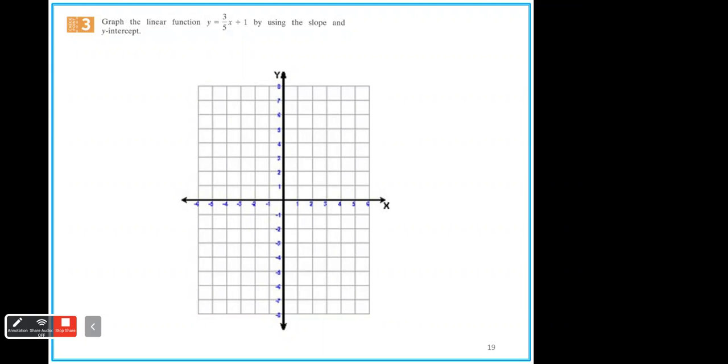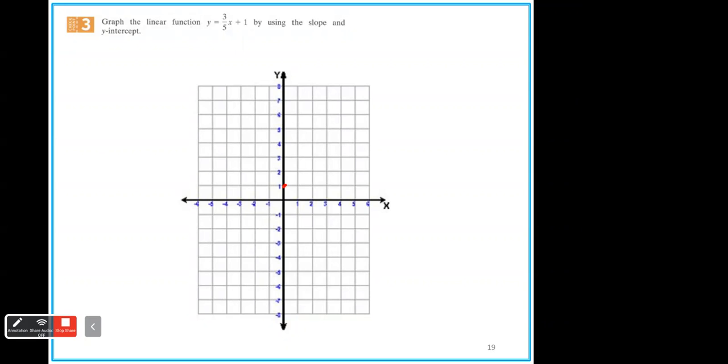Okay. Tell me what you did. I plot the y-intercept, which is... the y-intercept is 1. Okay, y is 1, so that's 1. And I did rise 3.